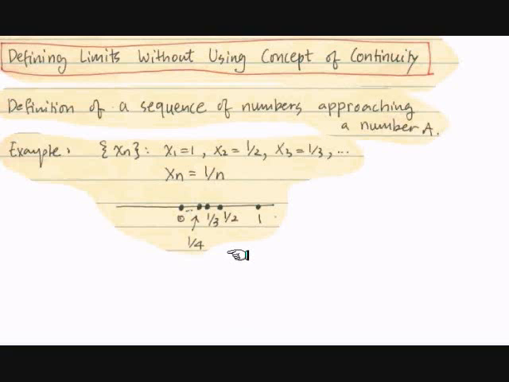So in everyday language, getting closer and closer has a kind of vague meaning. For example, as we get closer and closer to 0, you might agree that it will never actually pass 0. And think about -1 over here: one can say this sequence of numbers is getting closer and closer to -1 as well.